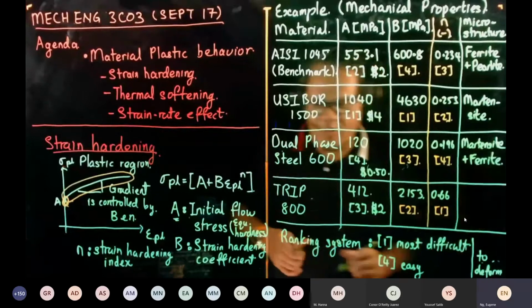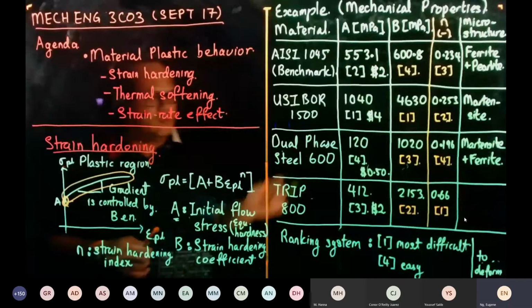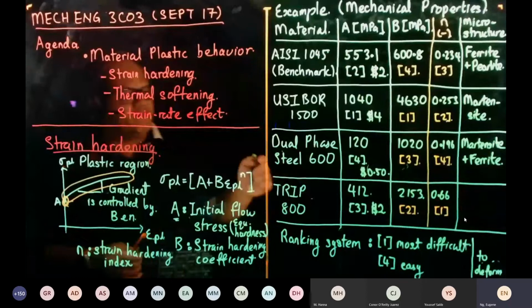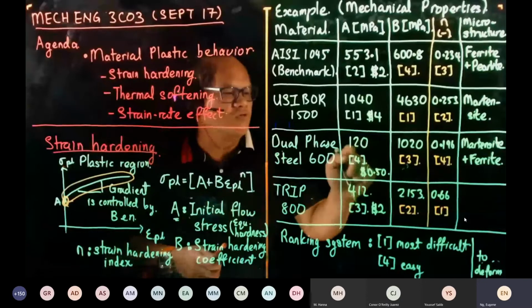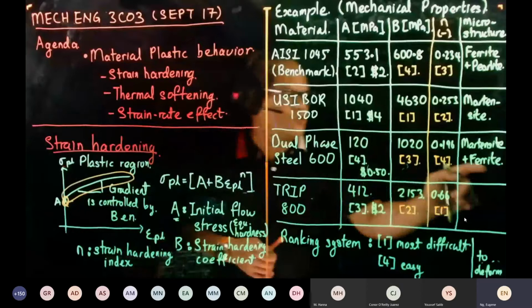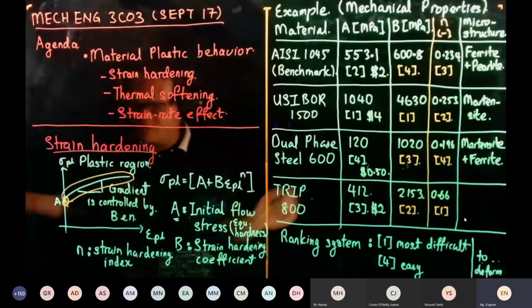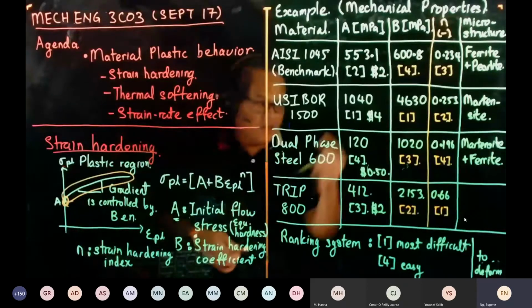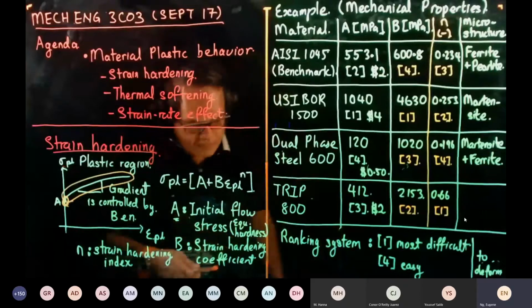So from here you can automatically observe why dual phase steel only has 120, while the other is 1040: because you have ferrite. And ferrite is meant to be soft, but tough. Ferrite is very, very tough.